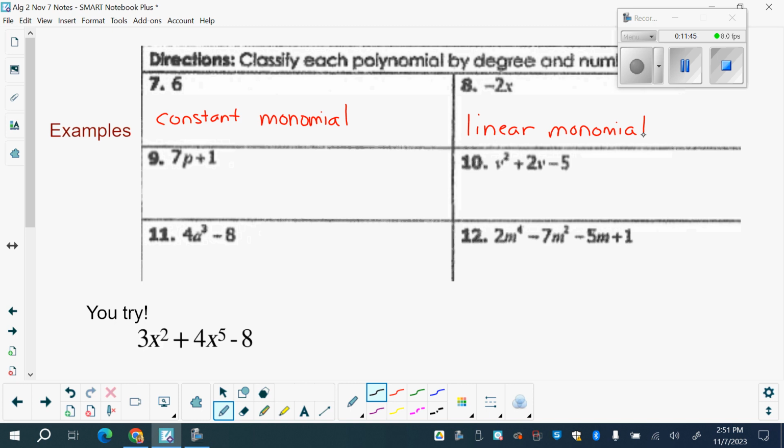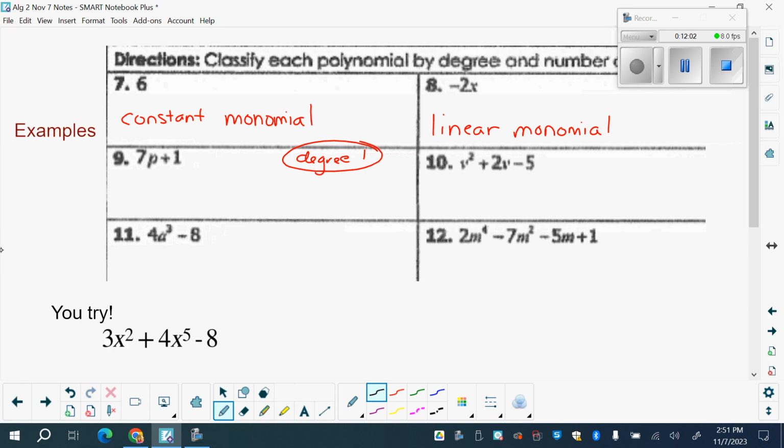It's going to be binomial. So what's the degree on this one? The degree is going to be assumed to be this exponent, which is a 1, degree of 1. You don't have to write that, but I'm just writing that for clarification. So if it's a degree of 1, it is linear. And then 2 terms is binomial.